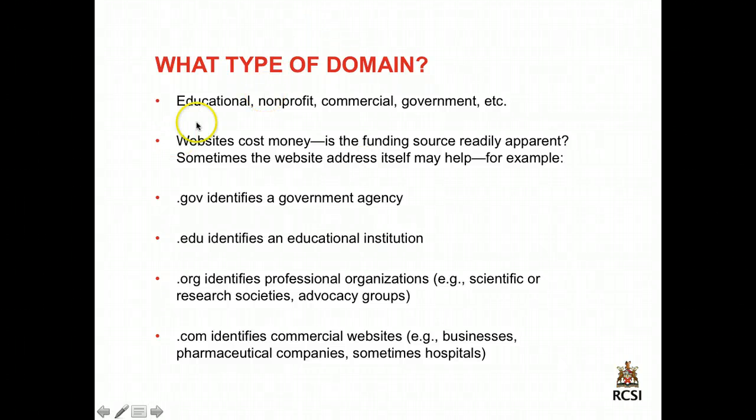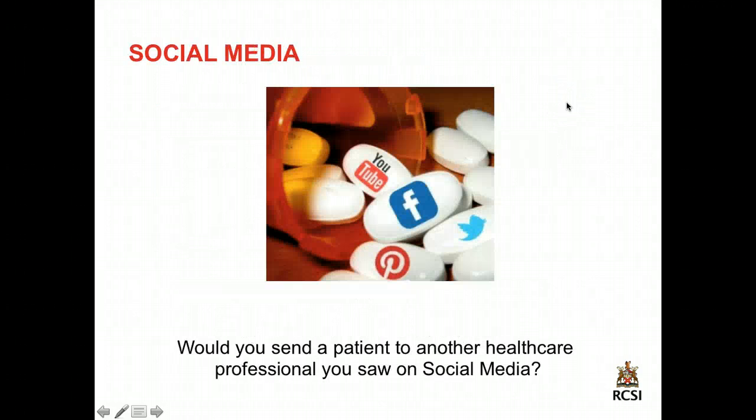What we're trying to identify is what's educational, non-profit, commercial, government, etc. We're trying to put domain names into groups. And of course, now we have a wider context here about social media. And think about this from your own self.